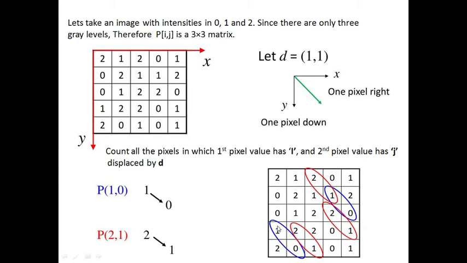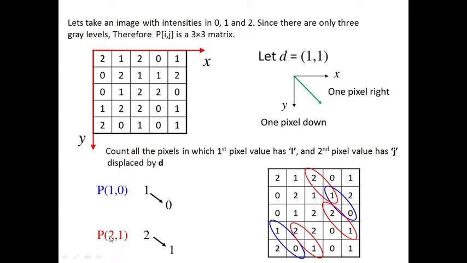So 1, 0, and here also 1, 0. That means 1 and 0 are related to each other with 45 degrees of orientation, and separated by 1 unit of city block distance.